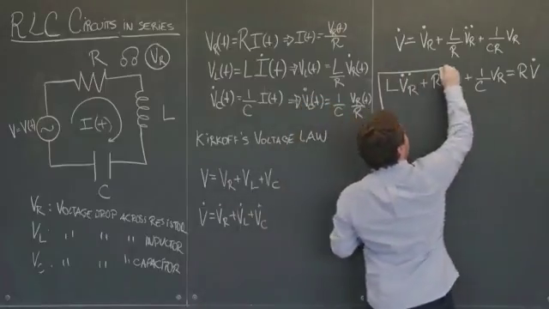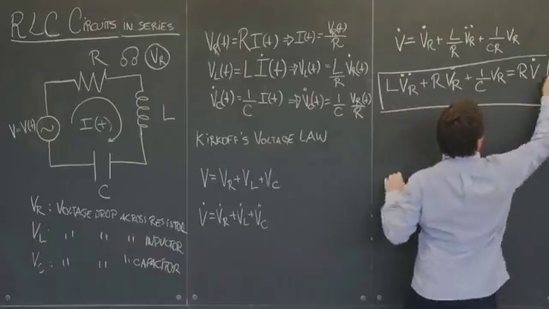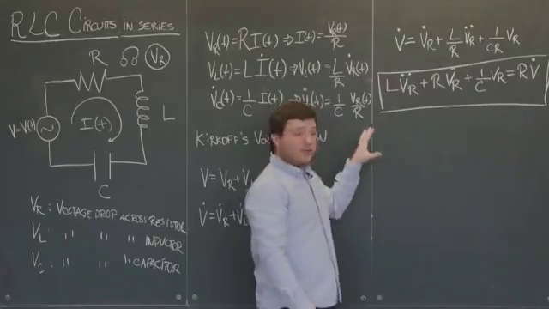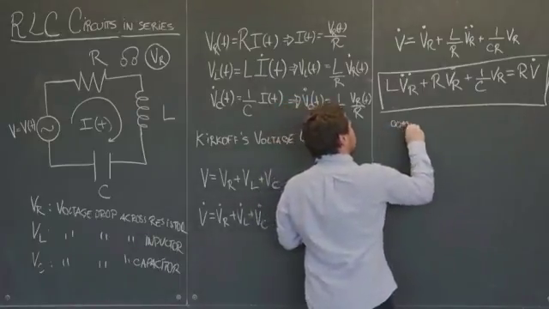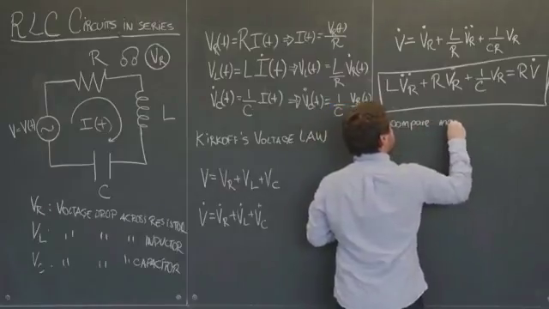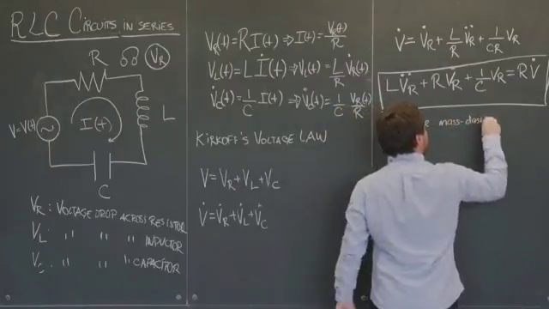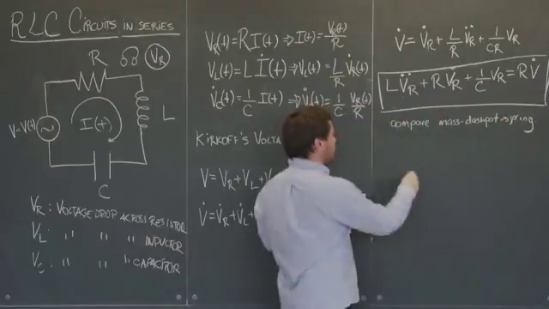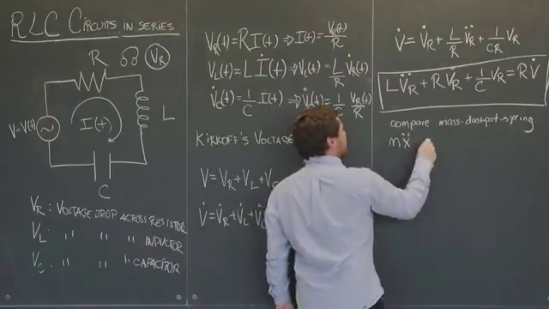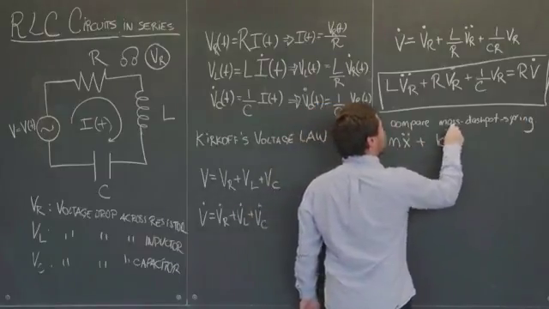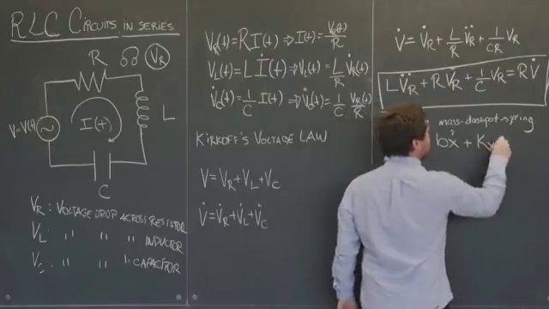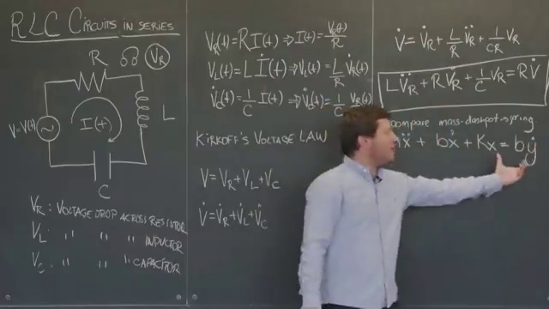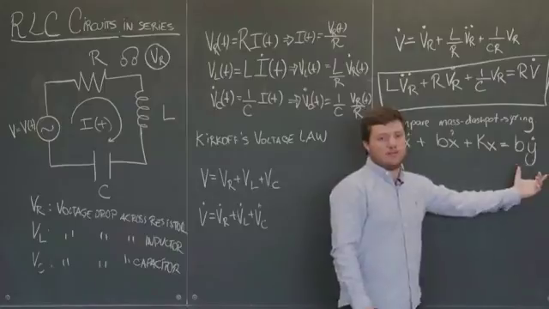So this is the differential equation for the system response for a given input. We can compare this equation to the mass dashpot spring system. That equation reads that m x double dot plus b x dot plus k x is equal to b y dot, where in this case I'm taking the forcing to come from the dashpot.